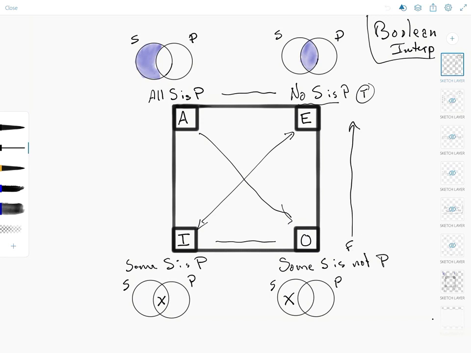So what we learn from this investigation is that the only relation on the square of opposition that survives the Boolean interpretation is contradictories. No other relation survives because all the other relations depend on the existence that is assumed in the Aristotelian interpretation.